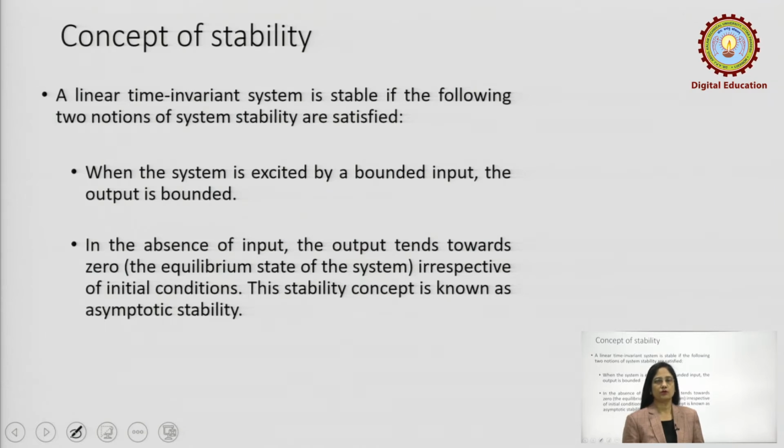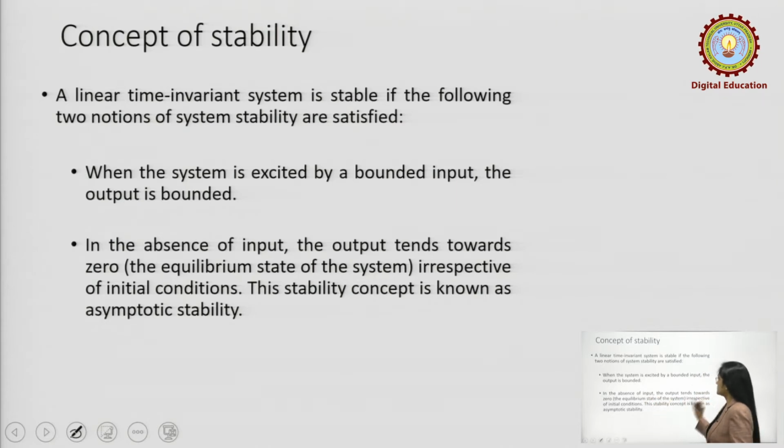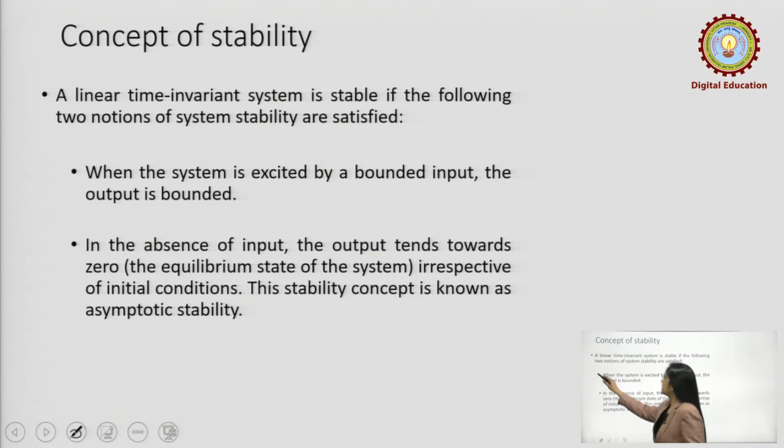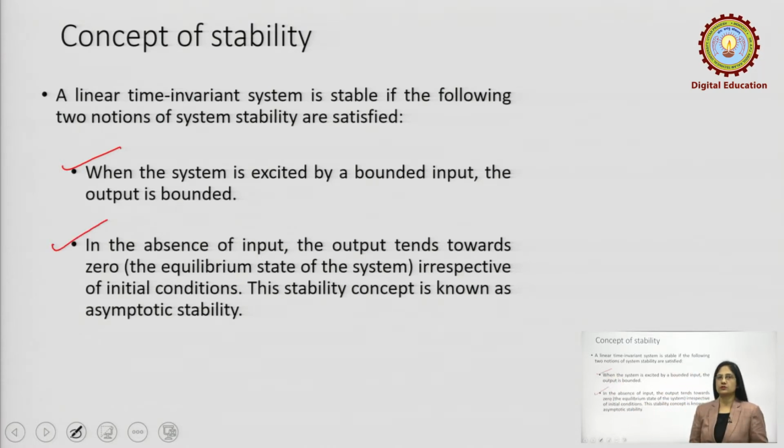This is one notion, and the next one is, in the absence of input, the output tends towards 0, that is the equilibrium state of the system, irrespective of the initial conditions, and this stability concept is known as asymptotic stability. This notion is related to the presence of input, and this notion is related to the absence of input.